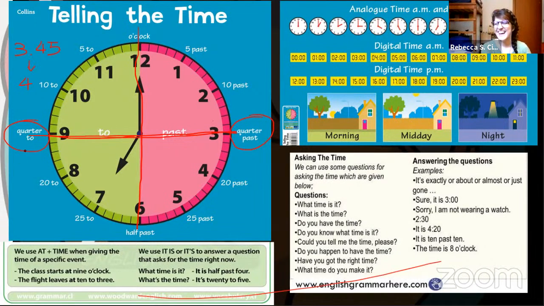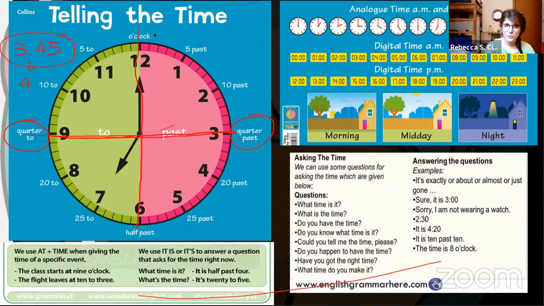It's faster. So you say it's 1/4 to 4, a short version of saying there are 15 minutes left to reach 4 o'clock.